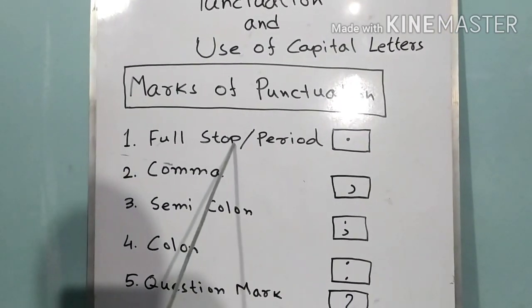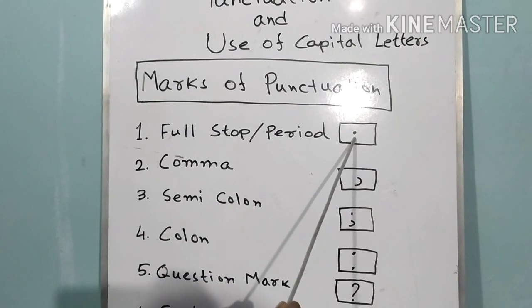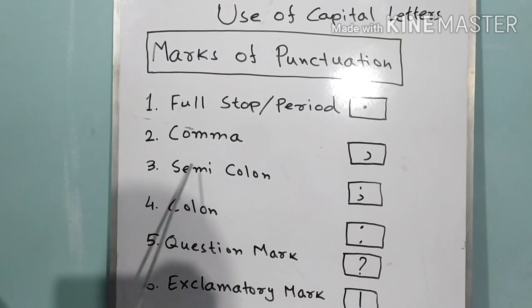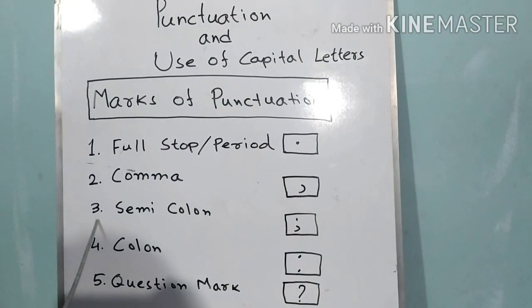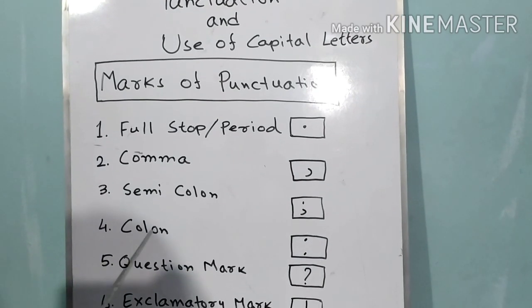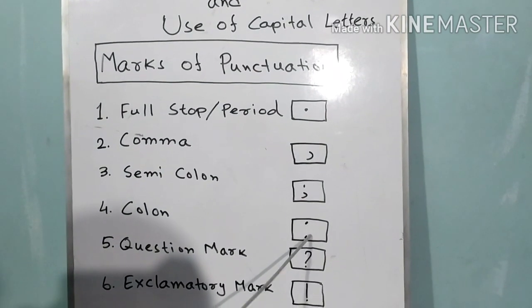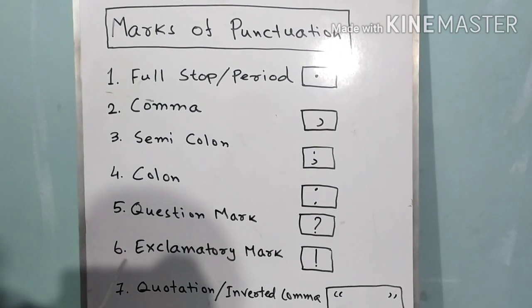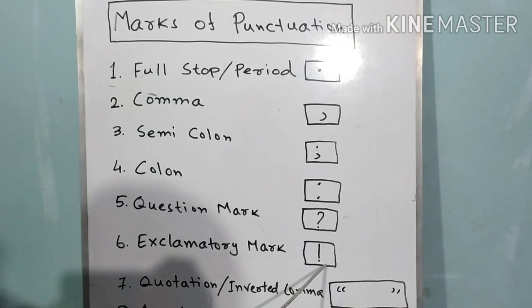Number 1, full stop. Number 2, comma. Number 3, semicolon. Number 4, colon. Number 5, question mark. Number 6, exclamatory mark.